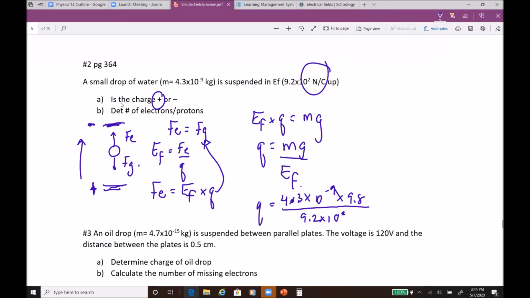That would give us a charge of about 4.7 times 10 to the minus 11 coulombs.